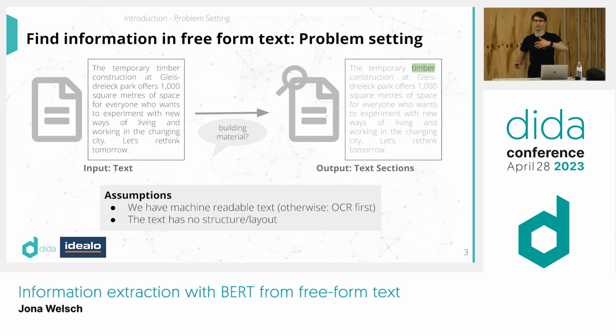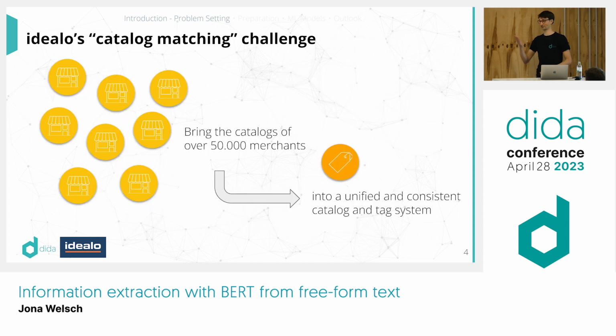For example, I don't know, an iPhone, and I want only the iPhone with a certain amount of storage. So what idealo does in order to facilitate this, it brings together catalogs of different merchants, actually over 50,000, and puts them into a unified and consistent catalog and tag system in order to make it searchable for users.